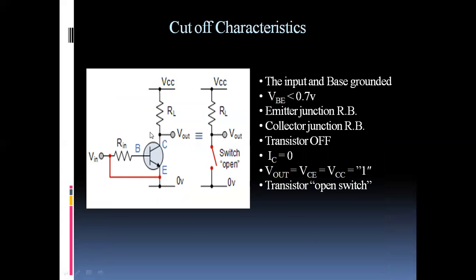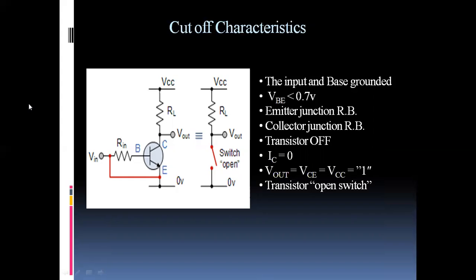Here is the circuit of the transistor acting as a switch. Here Vin, that is your input voltage, is connected to the ground, and the base is also grounded. It means in this circuit we are operating the transistor in the cutoff region.